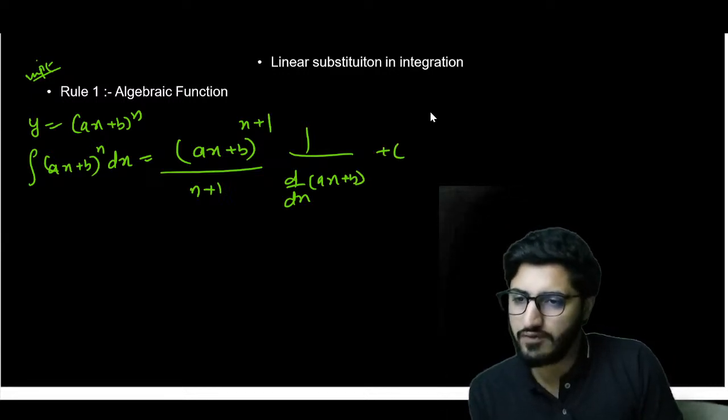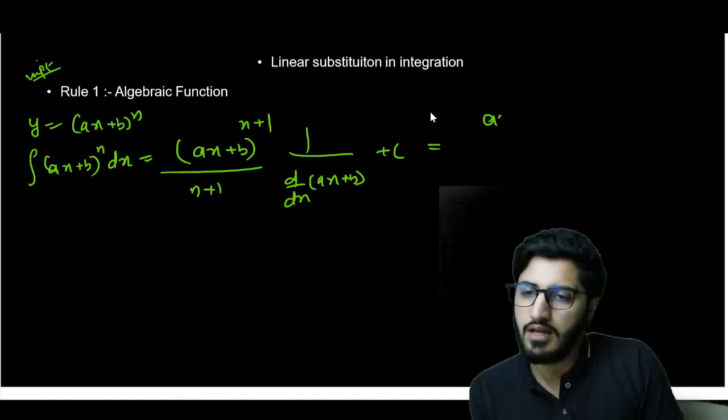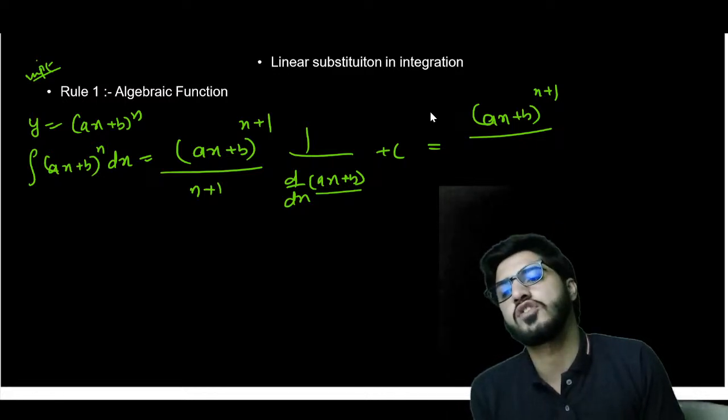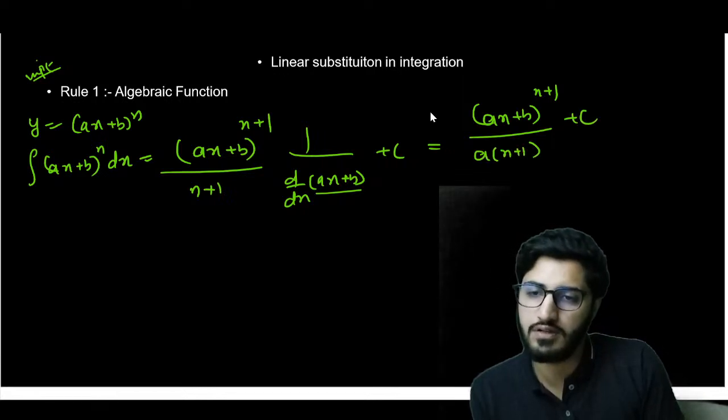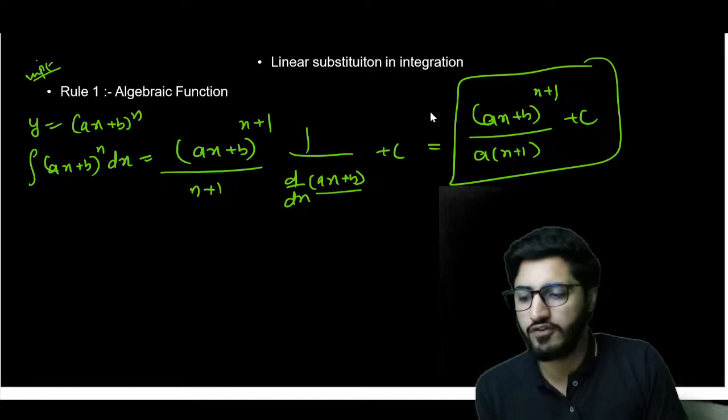So my answer will become (ax plus b) power n plus 1 whole divided by the differentiation of ax, which is only a, and the differentiation of b is 0. So I can write it as a times (n plus 1), plus c. Very important for your syllabus.